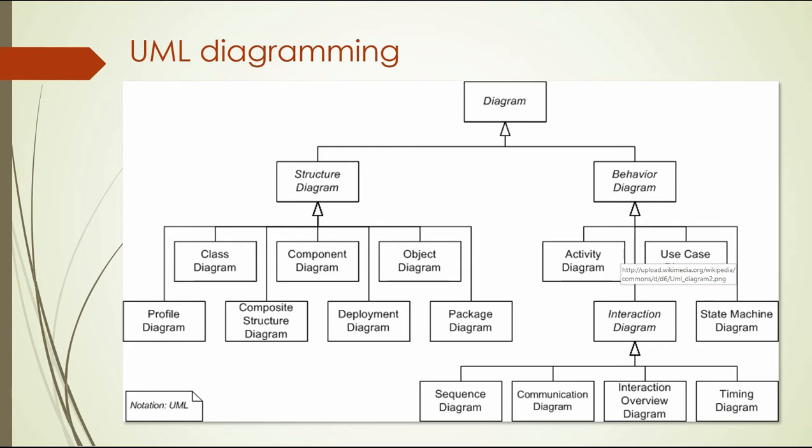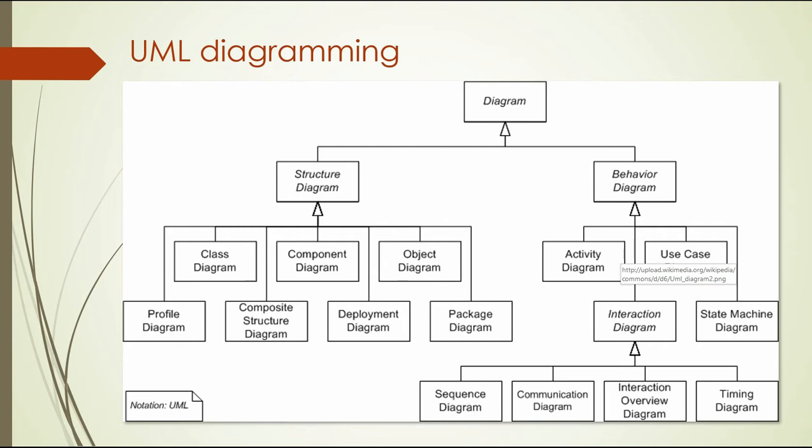Some use the class diagram together with, for example, interaction diagrams. So that's why we ask what is the suitable model or method that can be used for our subject.